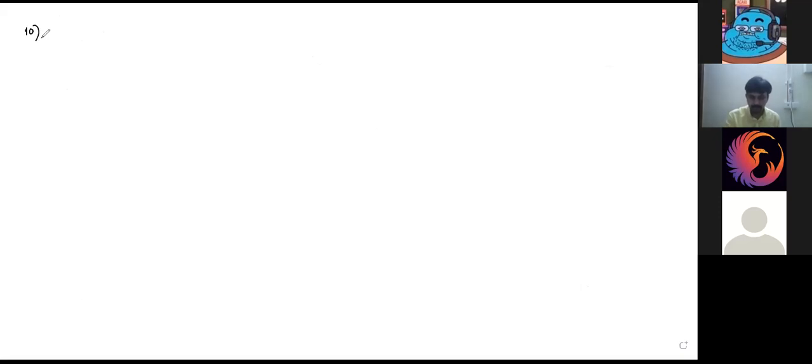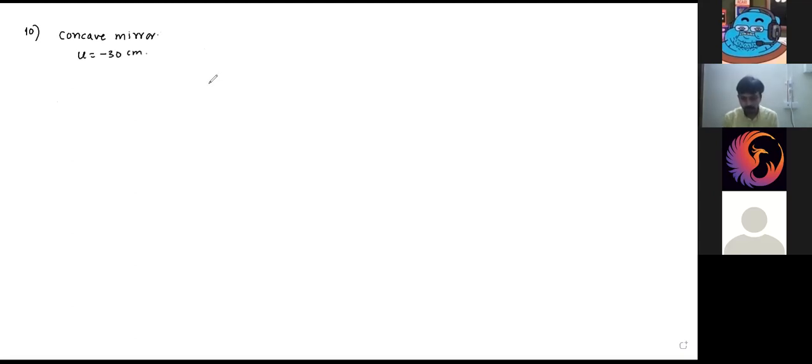10th में a concave mirror of focal length. कितना है focal length? Oh, sorry. Focal length is not given. Object is kept at distance u दिया हुआ. U is how much? Minus 30 centimeter.